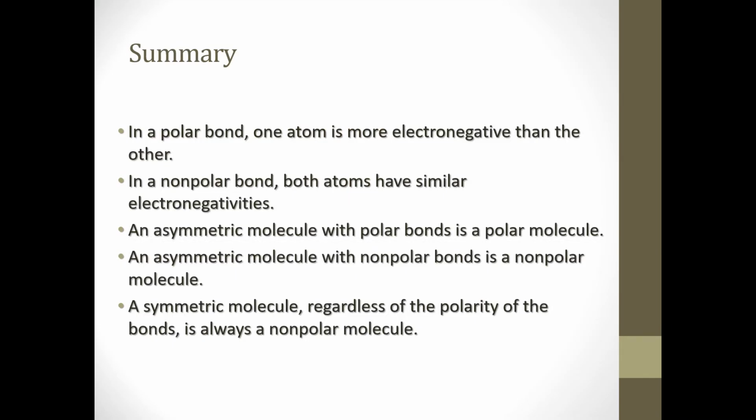So to summarize, if you have a polar bond, that means one atom is much more electronegative than the other, then the bond is going to be polar. If the bond is nonpolar, that means the two atoms have very similar electronegativities, maybe zero difference between the two of them, making a nonpolar bond.